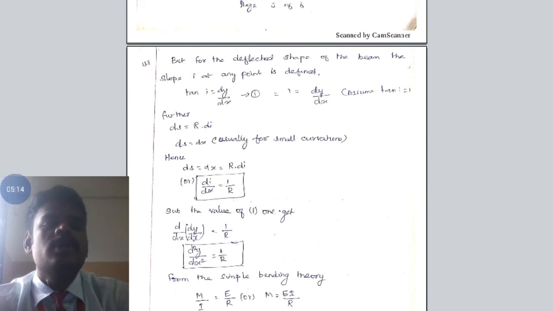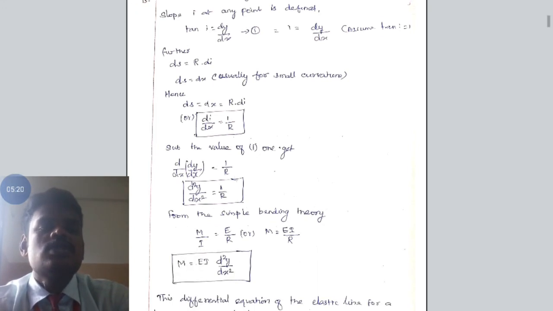Further, in order to calculate the elemental strip ds, we can write ds is equal to radius of curvature R into di, where di is the small slope portion found between these two lines. ds is equal to R into di, hence we can write ds is equal to dx.